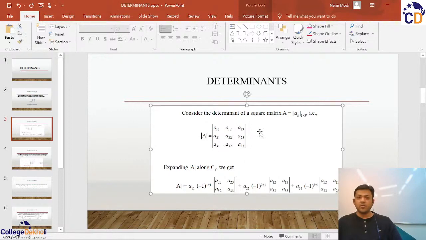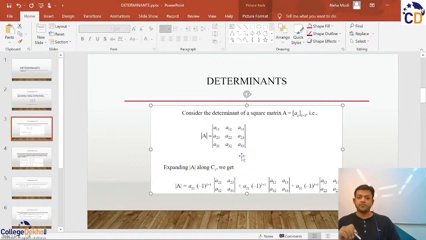Now how do we calculate the cofactor of the first element? We need to hide the first row and the first column, and whatever is visible we put inside a determinant. So if a11 is the first element, we hide that row and that column.